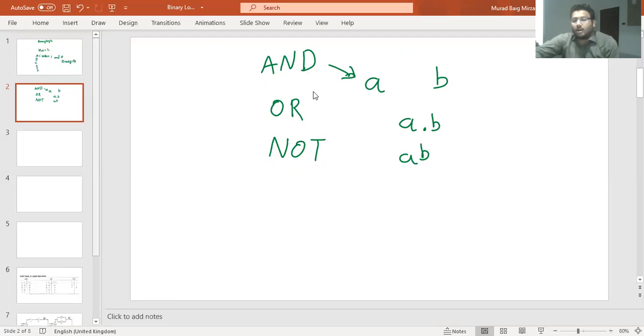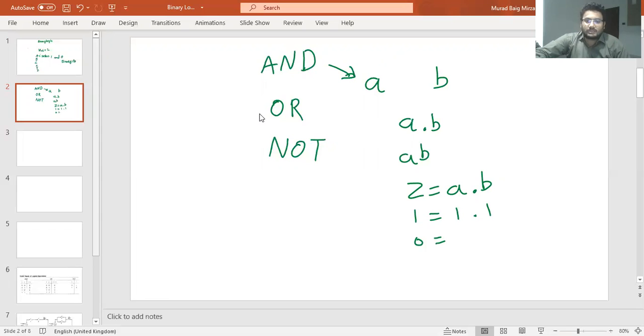How is this operation performed on the numbers? Let's say Z is equal to A dot B, or A AND B. It means that Z will be 1 if and only if A is 1 and B is 1. If either A or B is 0, then the value of Z will be equal to 0.